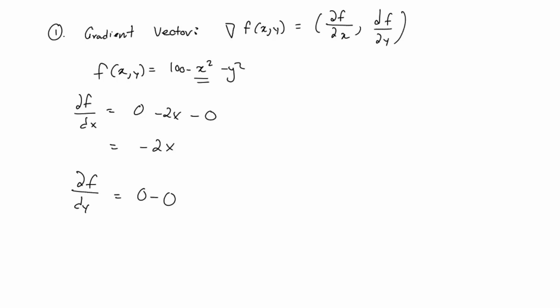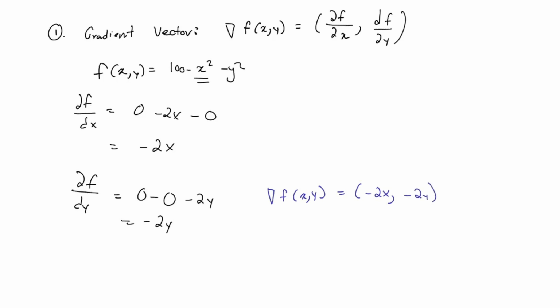And this -y² is just going to become -2y. So we're going to get -2y. And so this gradient vector, I'll make this in blue, is going to be equal to (-2x, -2y).